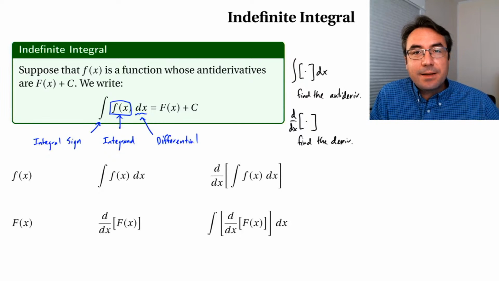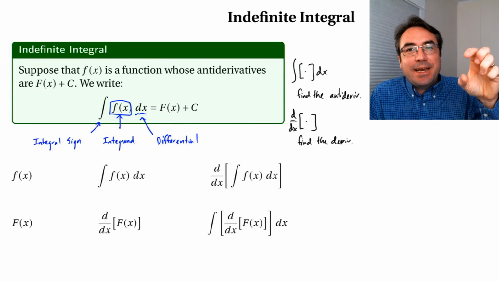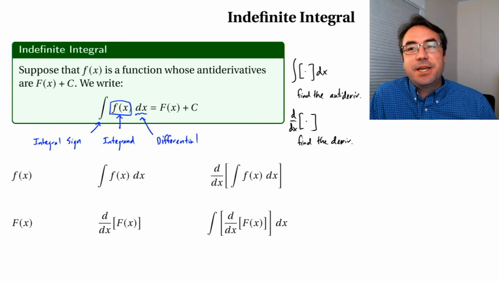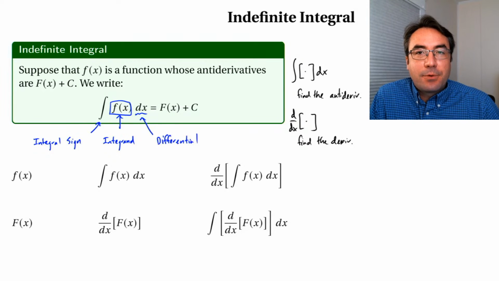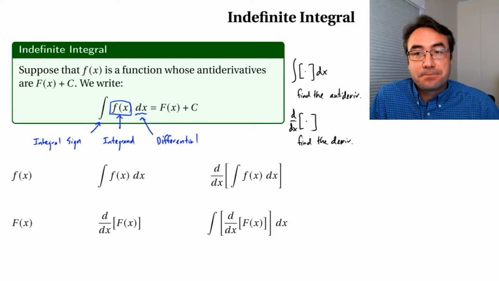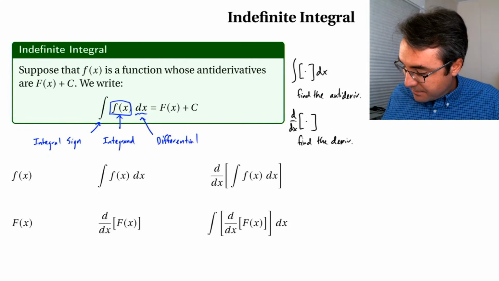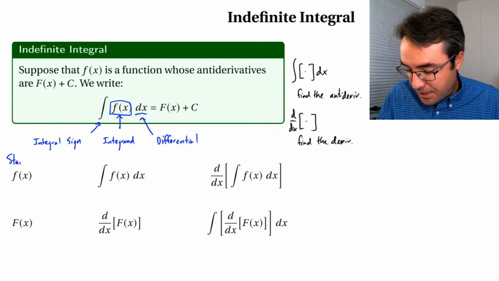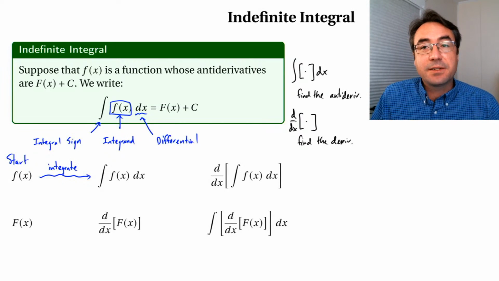And we want to really keep in mind that differentiation and integration, or antidifferentiation, are almost reverse operations, reverse processes. So to see that, let's say we start with some function little f of x. If we were to integrate that function, we would get the integral of little f of x.